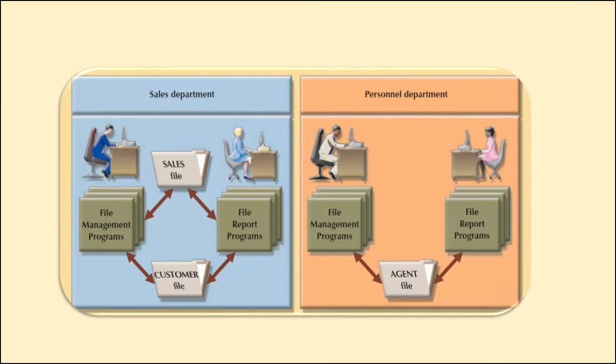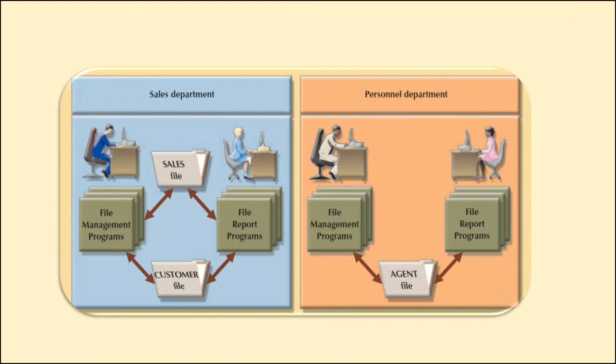Similarly, if you see in the orange box, it is maintained in one single file, which is the agent file. It contains some data, and using the application programs, file management programs and file report programs, you are reading and managing the files, right? Report generation, or reading and writing the data, right? Like the sales department, it will also work independently.